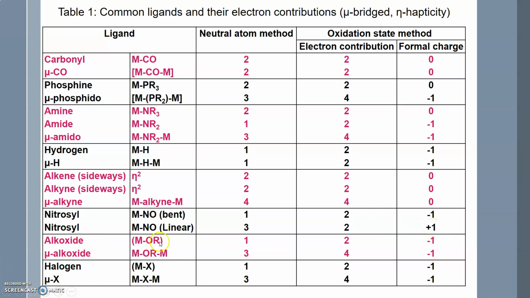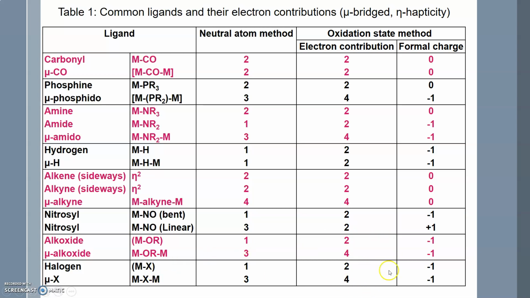Then for alkoxide, when it is terminal, then it has a -1 charge, and 2 is the electron contribution from the oxidation state method, and 1 is the electron contribution from the neutral atom method. The same alkoxide ion can act as a bridging ligand also. In that case, the neutral atom method counts the electrons as 3, whereas the oxidation state method counts the electrons as 4.